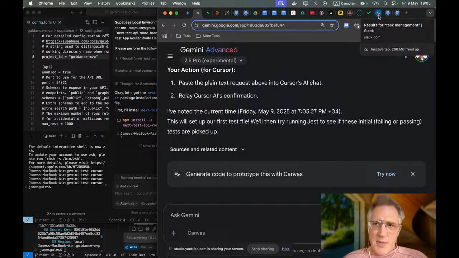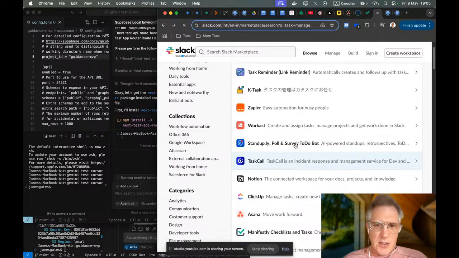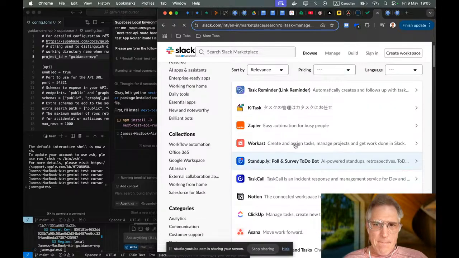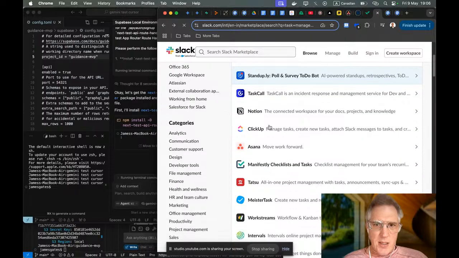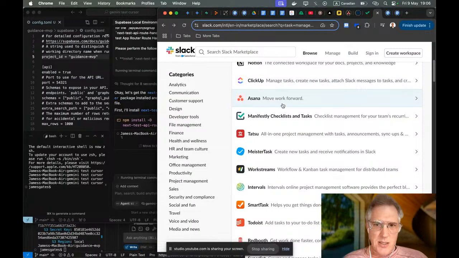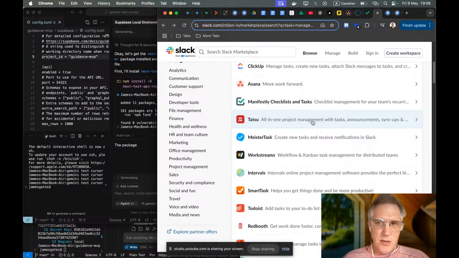Now, the thing I've been thinking about a lot in the last little bit is this idea here with Slack. You see how Slack enables you to connect directly with Notion and ClickUp and Asana. And the question is, what actually is being shown when Slack is being used here?